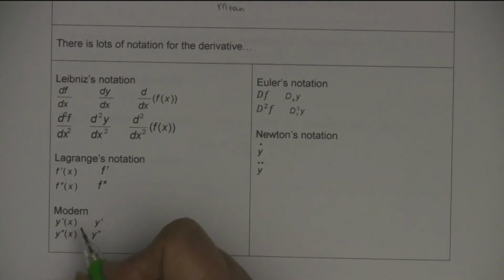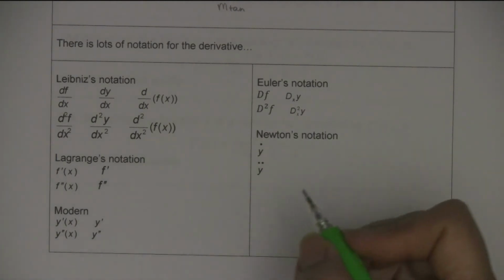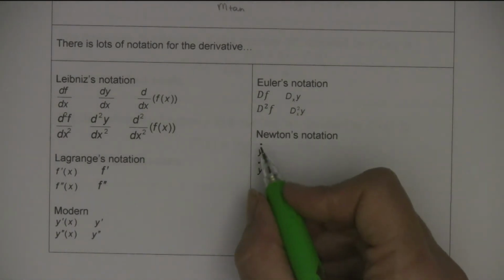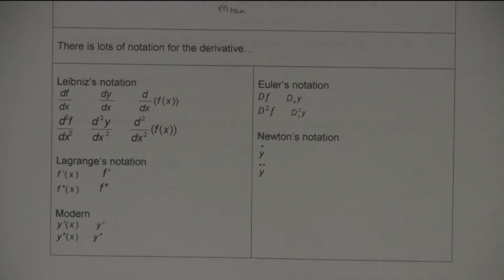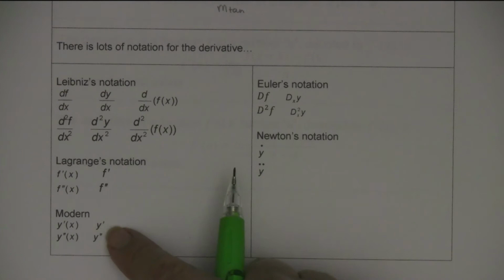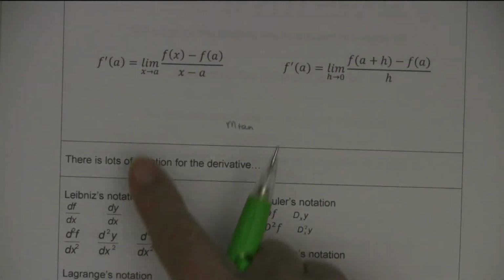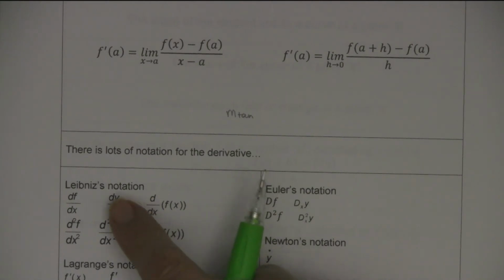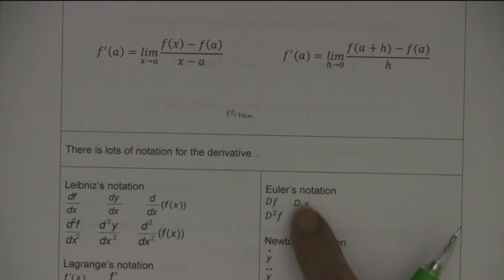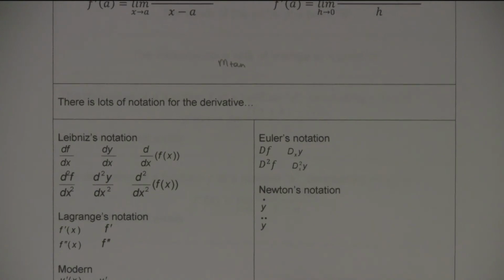Some modern notation is just writing y prime or y double prime for the second derivative, and some Newton's notation with dots over the top for the first derivative and the second derivative. So there's lots of notation for the derivative. We're going to be using this notation and this notation a lot. We're also going to use this notation here. You're going to see this notation in differential equations.